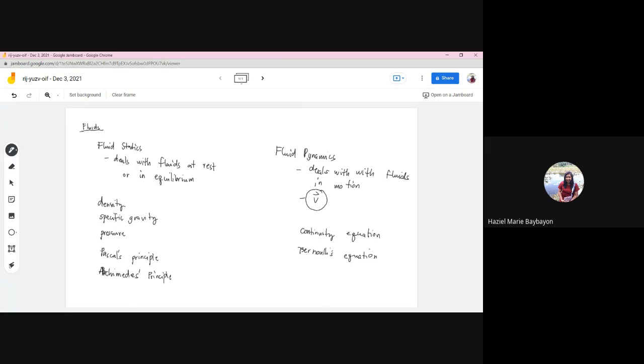Okay, so let's start with this initial density, specific gravity, pressure, then Pascal's principle, and then Archimedes' principle. Once we know these things, we will then proceed to fluid dynamics.